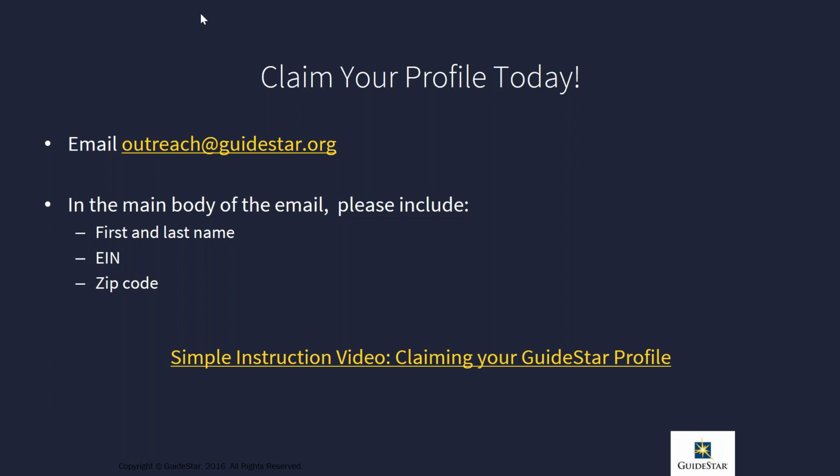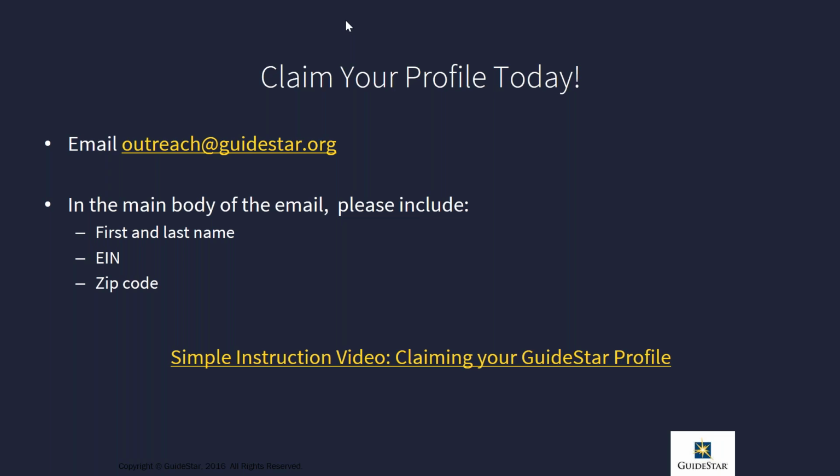outreach@guidestar.org. In the body of your email, please include your first and last name, your organization's EIN, and your zip code. If you're using an email address that links to your nonprofit organization, for instance, if your nonprofit organization is called the Moyer Foundation, and your email address is name@MoyerFoundation, then you're in great shape.